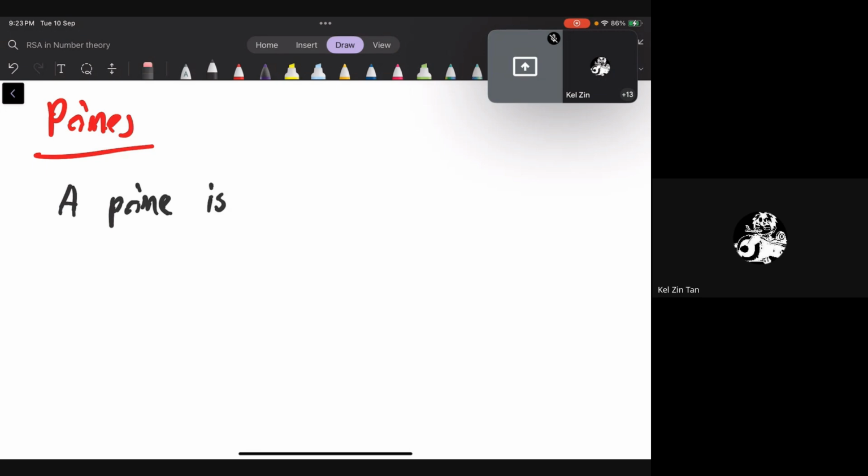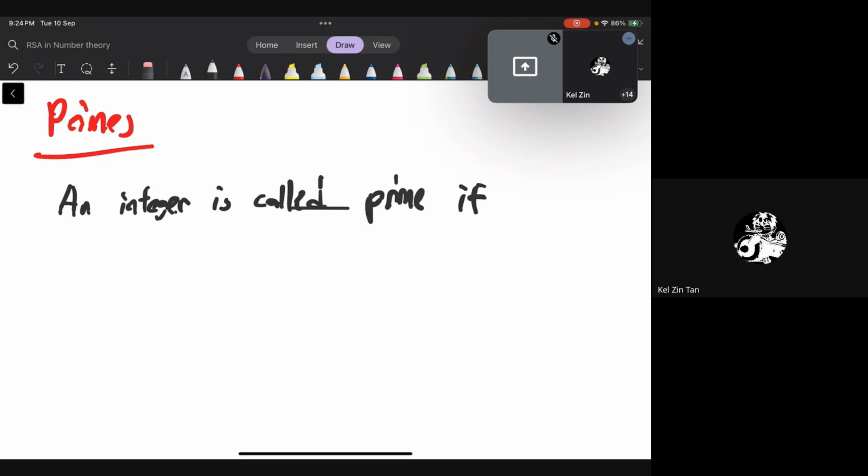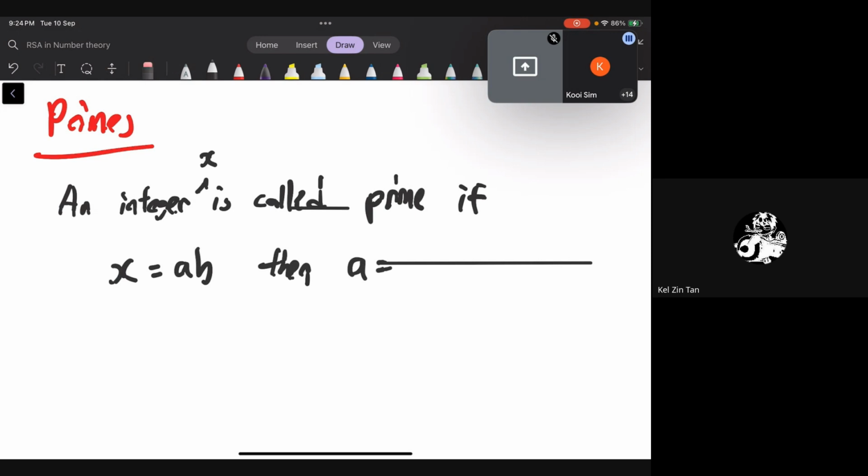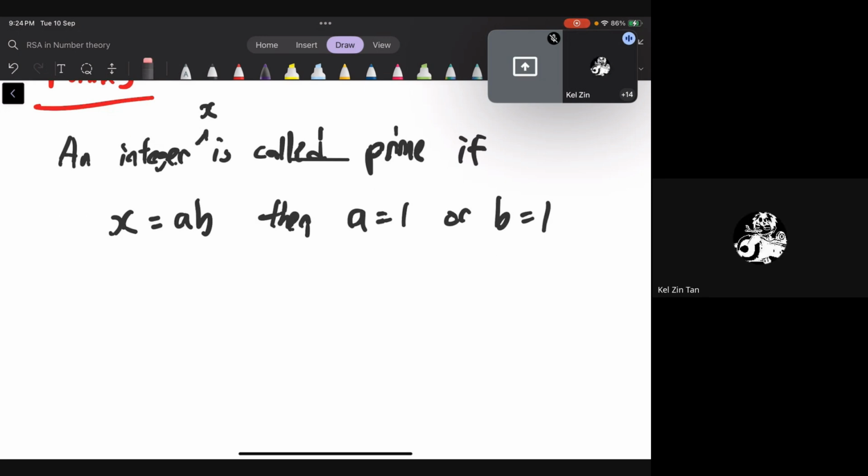So an integer x is called prime if, when I write x = AB, then A must be equal to 1 or B must be equal to 1. That's the definition of prime. Any questions? Okay, never mind.